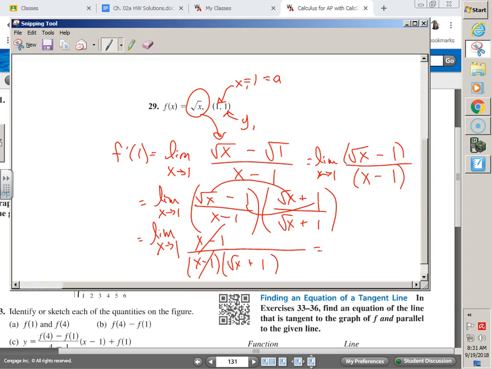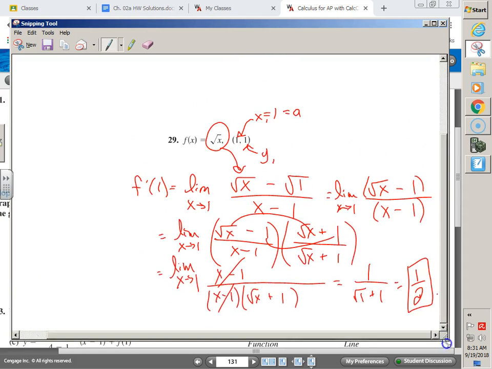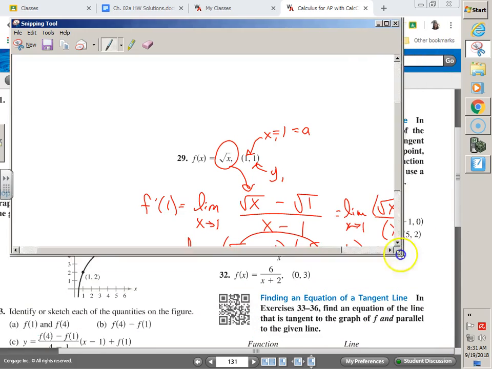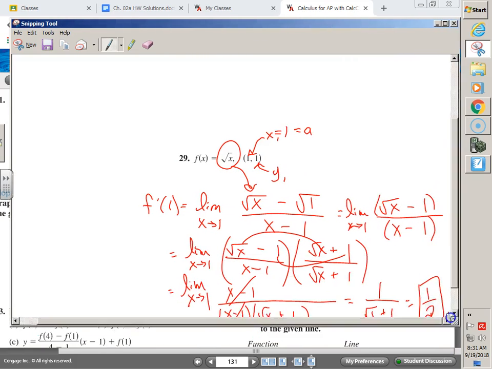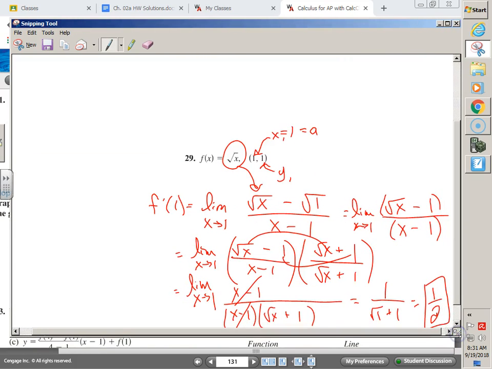And so at the end, you plug it in, and you end up with 1 over the square root of 1 plus 1, which is 1/2. Is that the whole problem? Oh, this just isn't pretty. It's only one part of the problem. They said find the slope. So for letter A, f prime of 1 is equal to 1/2.